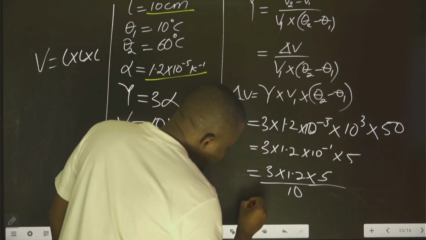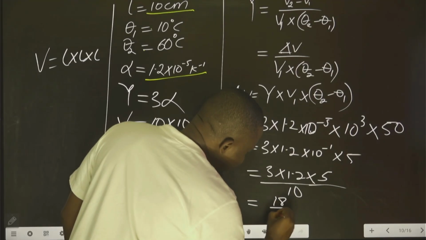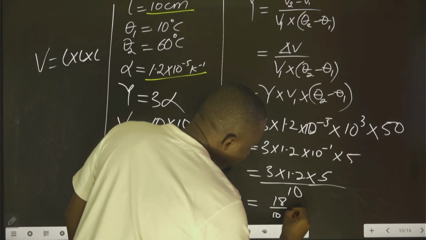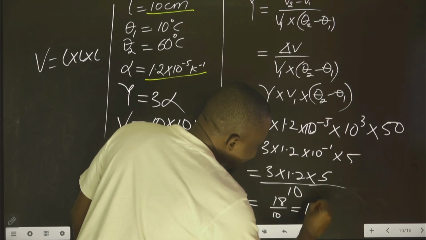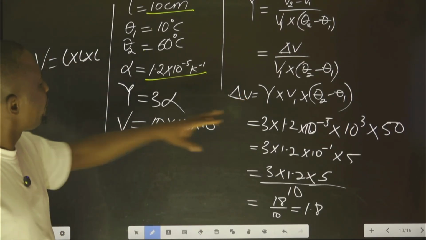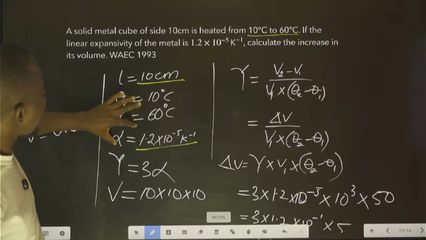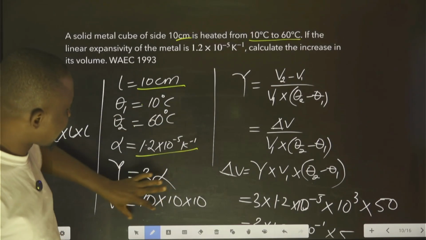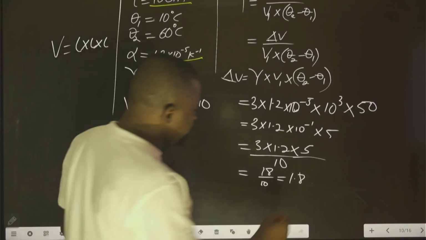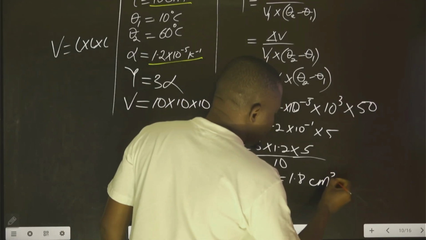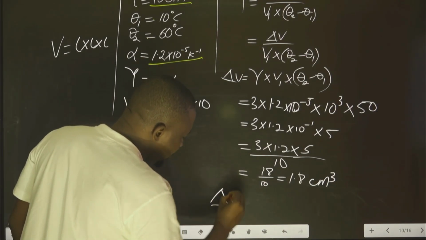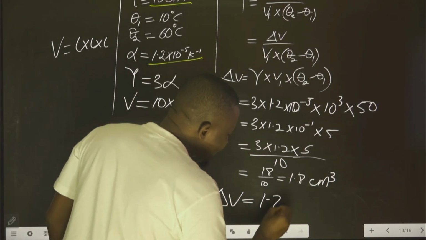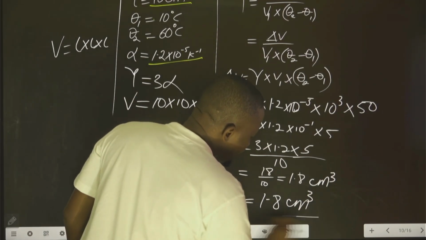Okay? So this is equal to 18 over 10, which is equal to 1.8. And because we are talking about volume, that is change in volume, and this was given in centimeter, that is cm cube. So the change in volume is equal to 1.8 cm cube.